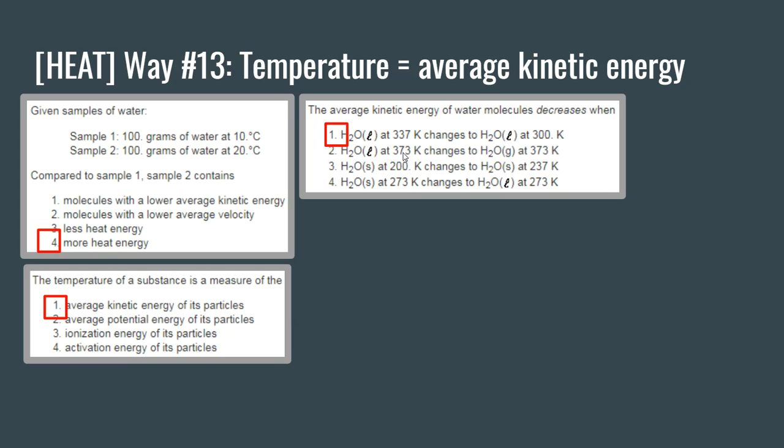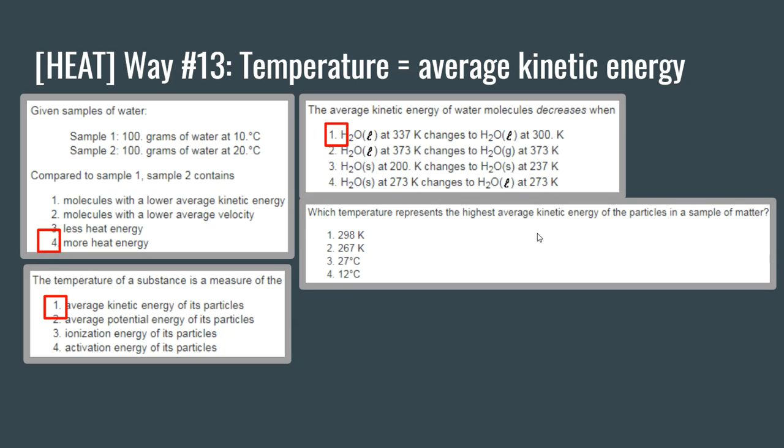All the other answer choices show the temperature either remaining constant, meaning the average kinetic energy remains constant, or it increases, like in answer choice 3, which means that the average kinetic energy is increasing because the temperature is increasing. So we can eliminate answer choices 2 through 4 because they either remain constant, like in answer choice 2, or they show an increase in temperature. We're looking for a decrease in average kinetic energy, therefore a decrease in the temperature.